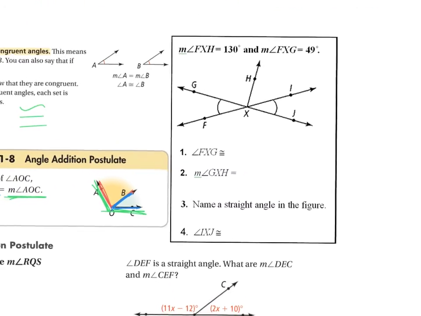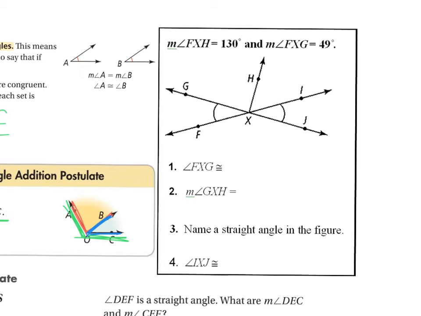All right. Now we get to do these fun graphs. So FXH is 130 degrees. Let's label that. So FXH is going to be 130.